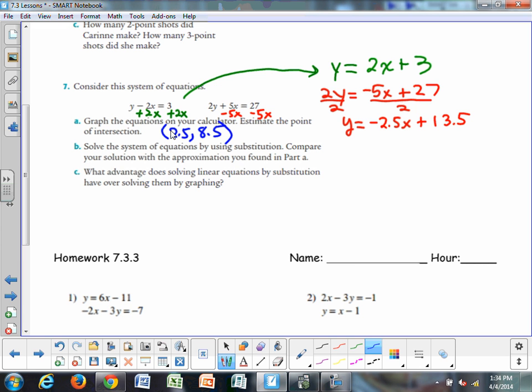And now it says solve the system of equations using substitution. Okay, to solve them using substitution, we have here that y is equal to 2x plus 3. And we have here that y is equal to negative 2.5x plus 13.5. So since they're both equal to y, they must be equal to each other.